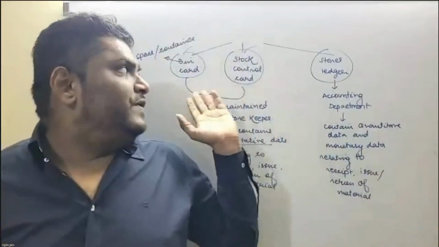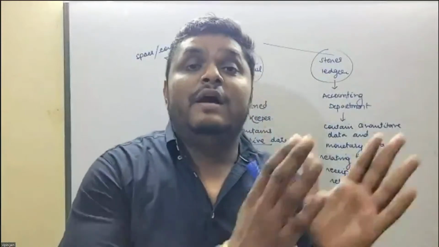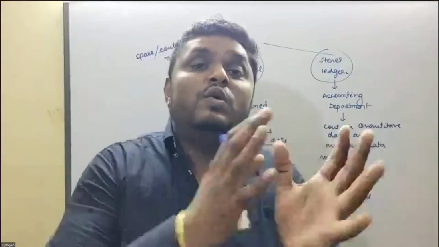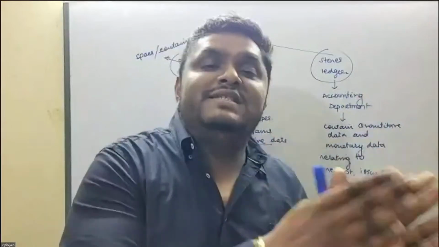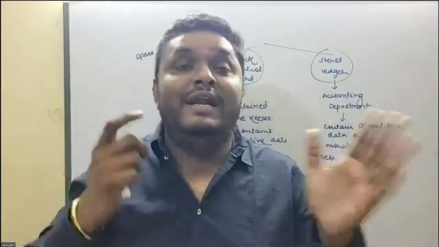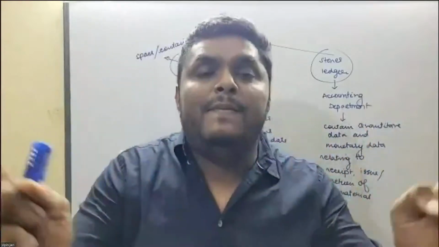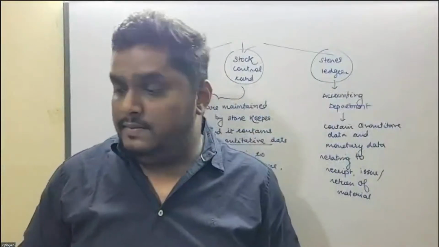When talking about the difference between bin card and stock control card, bin represents a container, a space. So let's say I've taken a premise on rent wherein there are total 10 sections. Every section will be treated as a separate bin and a separate bin card is maintained for that space. When talking about stock control card, the details of all the stock in the entire premise are in the stock control card.